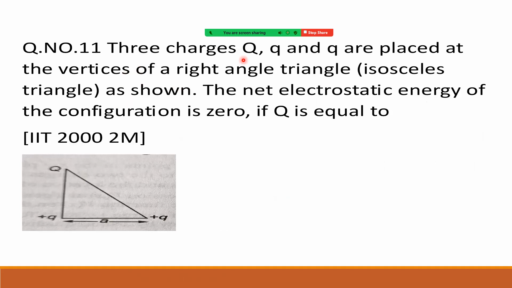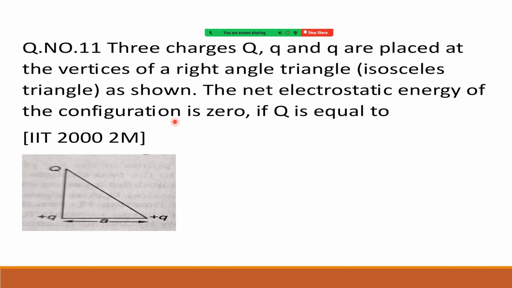Three charges Q, q and q are placed at the vertices of a right angle triangle, isosceles, as shown. The net electrostatic energy of the configuration is 0 if Q is equal to what?